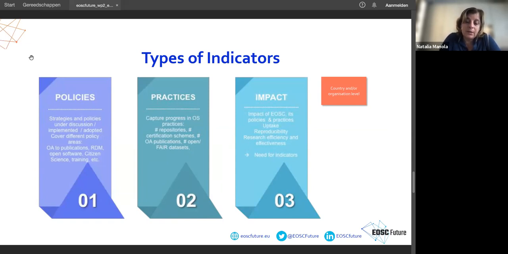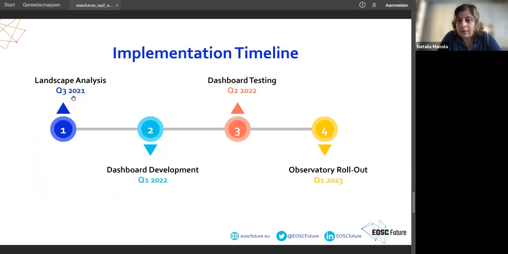What is the uptake and what is the advancement of research because we have EOSC and because we have all this federation underneath? So these are the types of indicators we will be grouping by. And I think, Gareth, I will let you go back to this last implementation timeline, so you can explain it a bit.